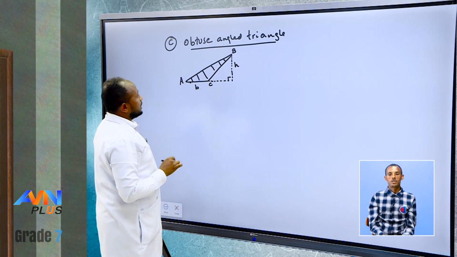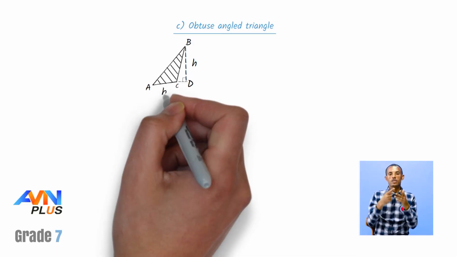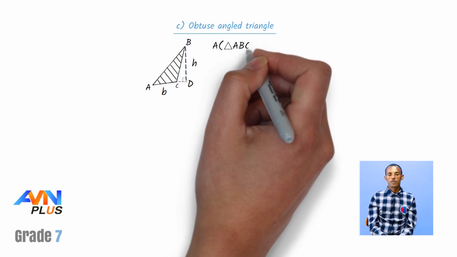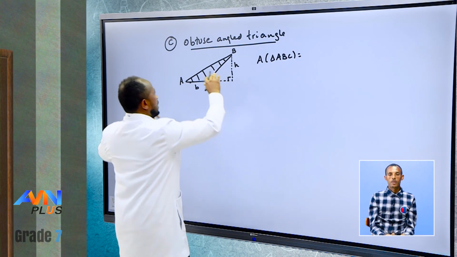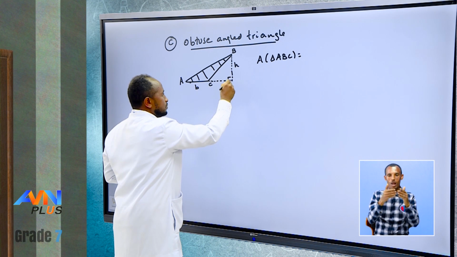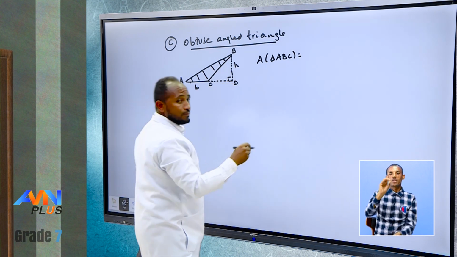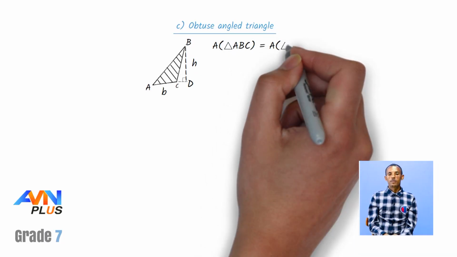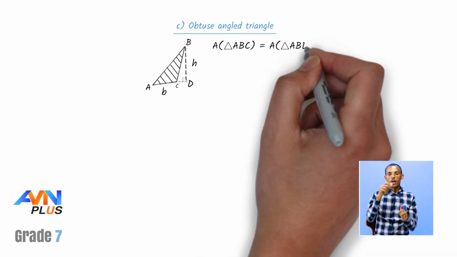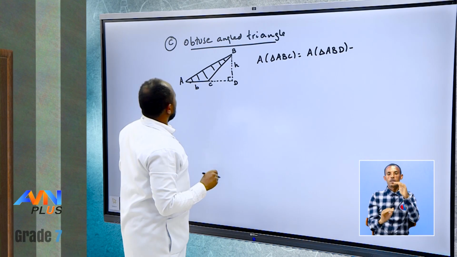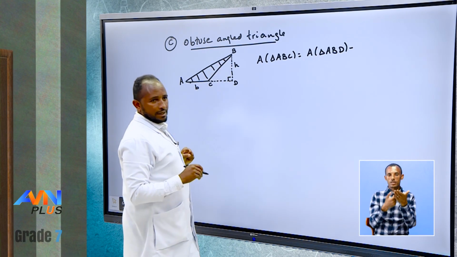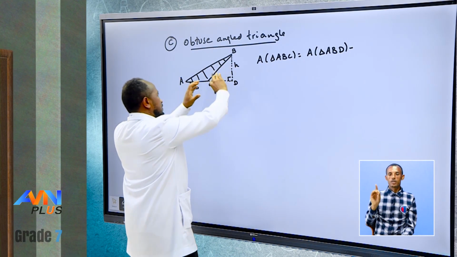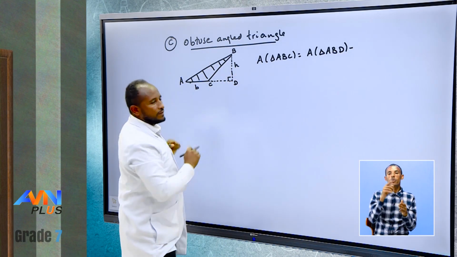So to calculate the area of this triangle ABC, the area of triangle ABC will be equal to the area of the total triangle. Assume this point to be D. So from the bigger triangle, area of triangle ABD, minus the area of this triangle BDC. From the total triangle, if you subtract this one, you will have the area of this.